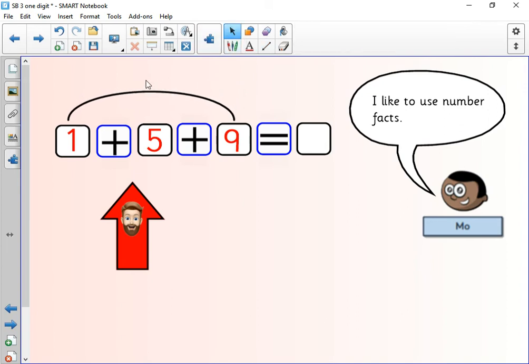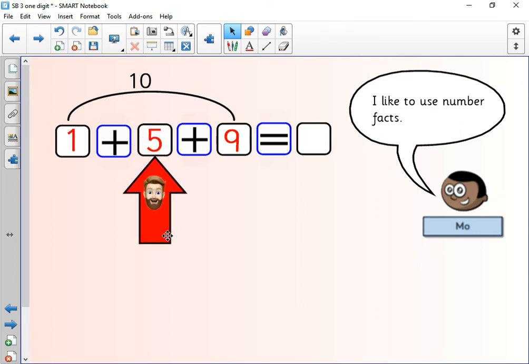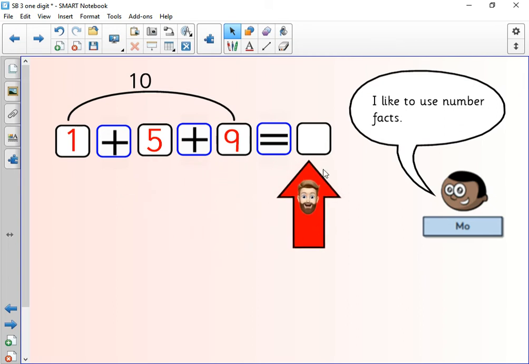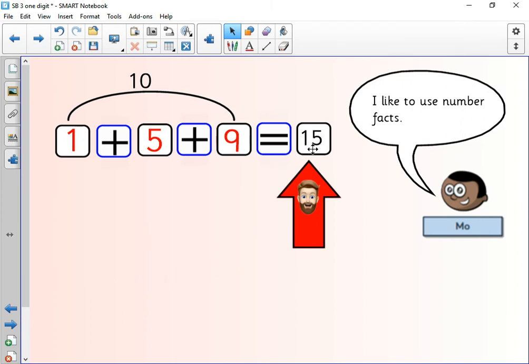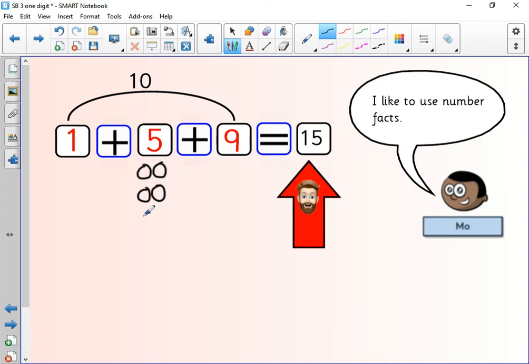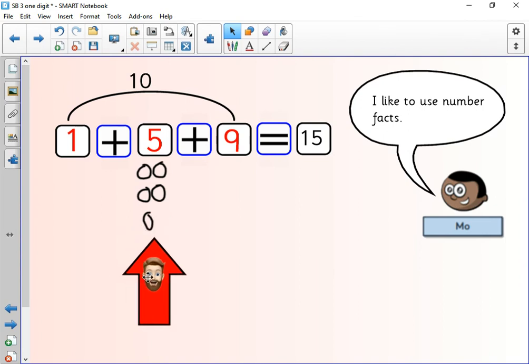That's right, they make 10. So now I just need to add 10 and 5. Can you do that mentally? Brilliant. 10 and 5 make 15. And again, if you needed to, you could have used counters for that third number and then counted on 10, 11, 12, 13, 14, 15.